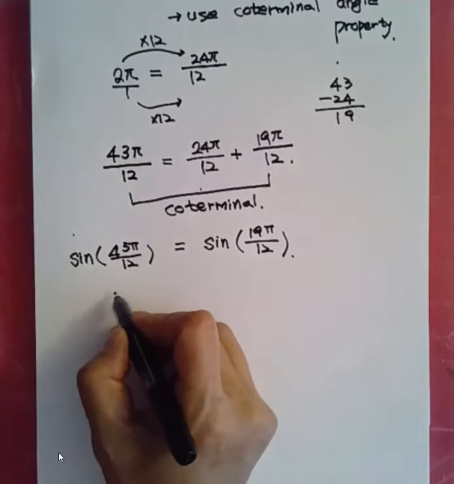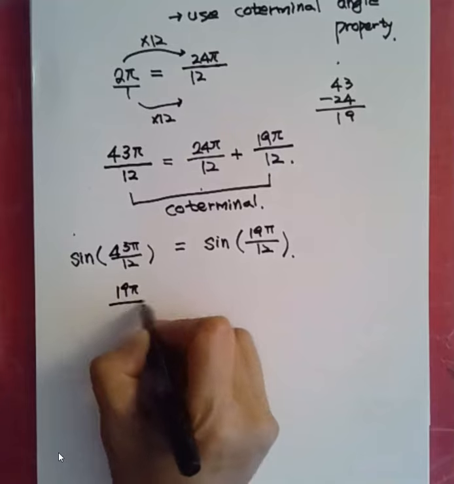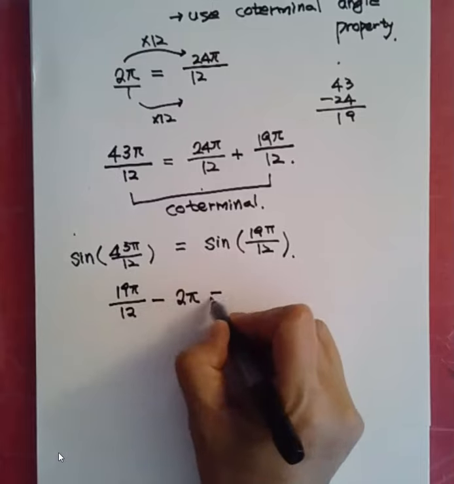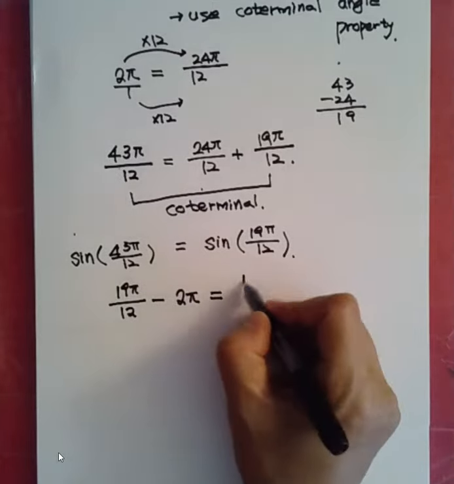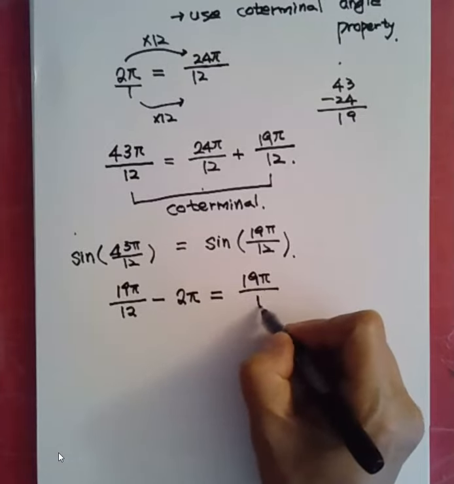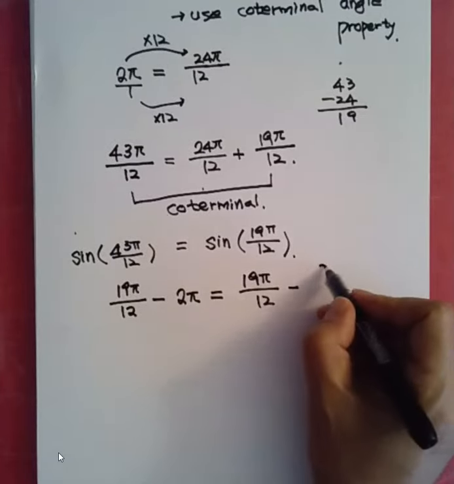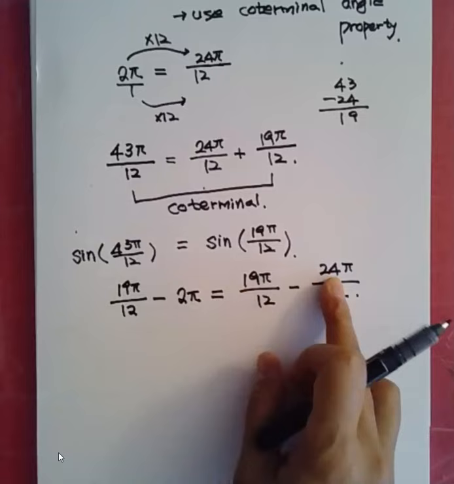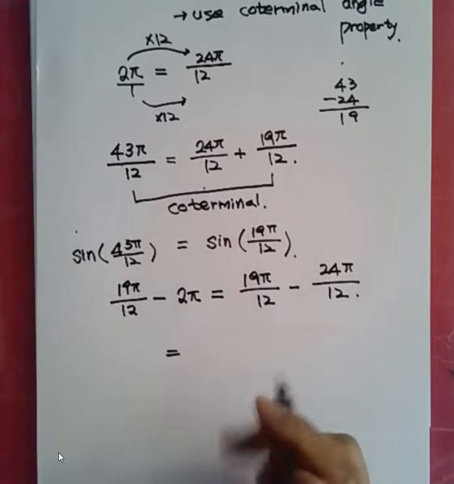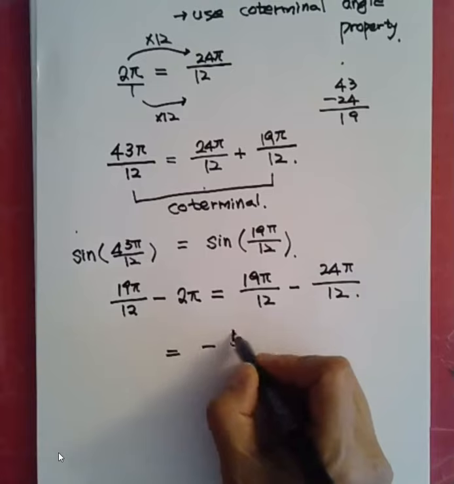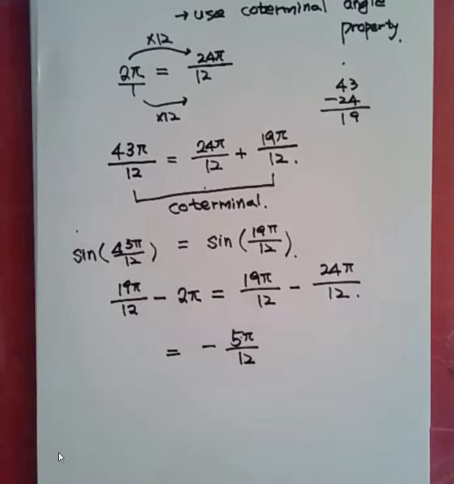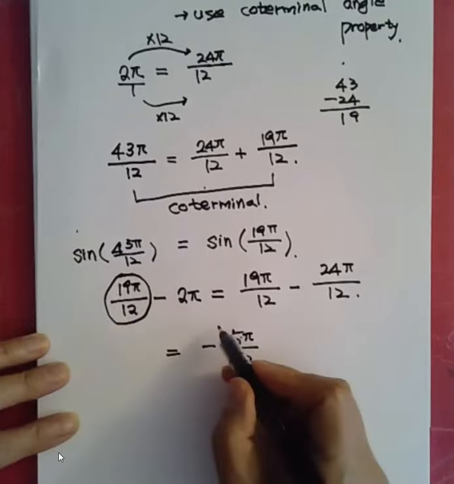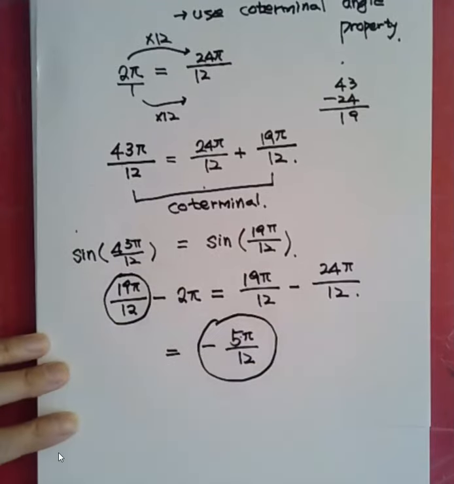So let's subtract 2 pi to get the coterminal angle. Then that'll become 19 pi over 12 minus 24 pi over 12. The difference between 19 and 24 is 5, and the larger number has negative, so that is minus 5 pi over 12. So this time we can say 19 pi over 12 equals minus 5 pi over 12.